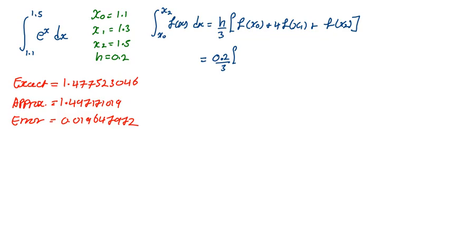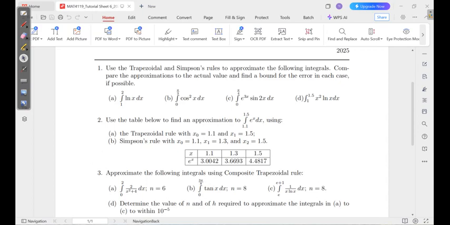Okay, so here we have 3.0042 plus 4 multiplied by f of x sub 1. x sub 1 is 1.3, which is e to the 1.3. I just have to confirm this. Okay, yeah, it's the same. 3.6693.